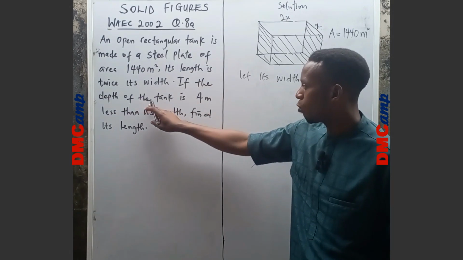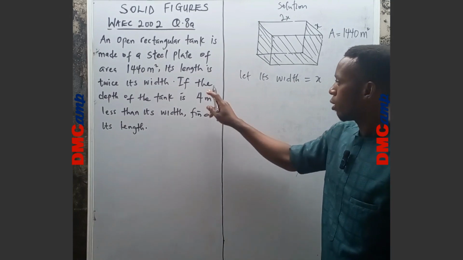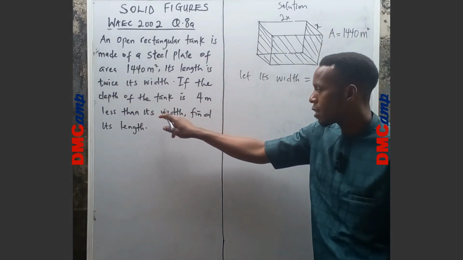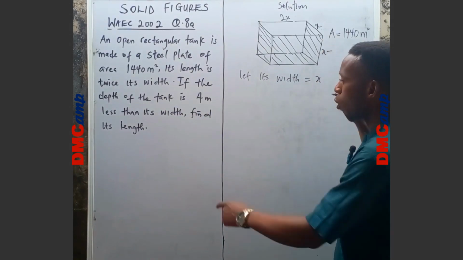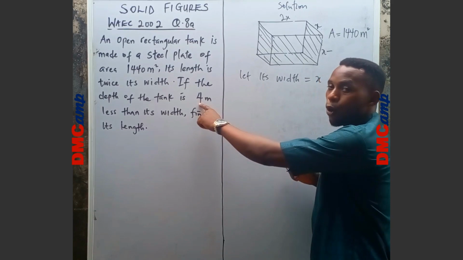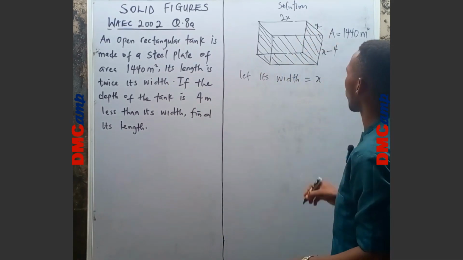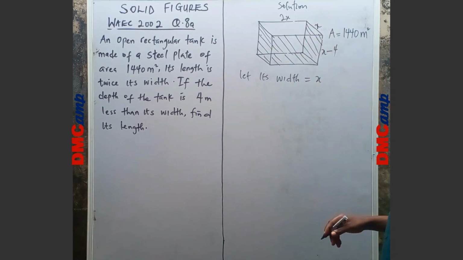If the depth of the tank is 4 meters less than its width, then you subtract 4 meters from the width: x minus 4. So this is the dimension of the rectangular tank.